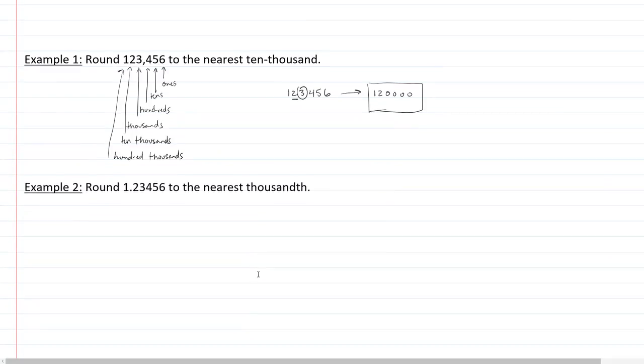Let's look now at an example with decimals. So round 1.23456 to the nearest thousandth. Again, let's go through the places so we're sure where the thousandth place is. We start with the ones place like before. This is the tenths place. Similar, but a little bit different. Tenths. This is the hundredths place.